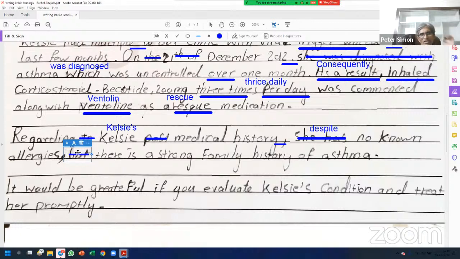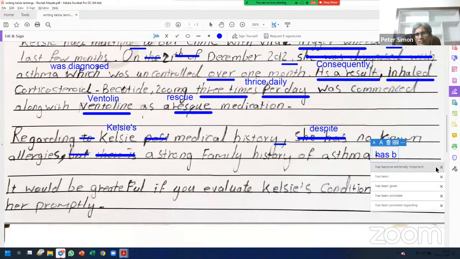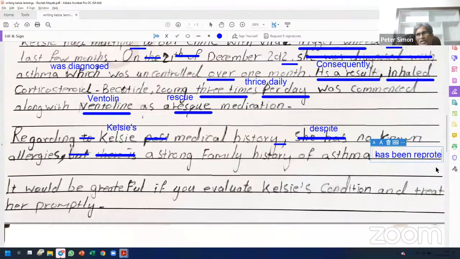Despite no known allergies, there is, remove a, strong family history of asthma has been reported or noted or mentioned.